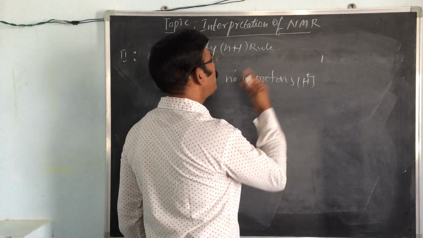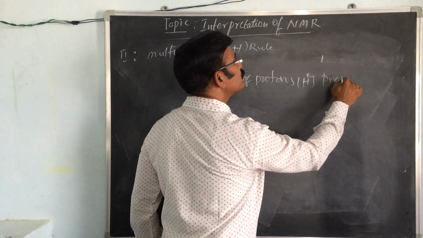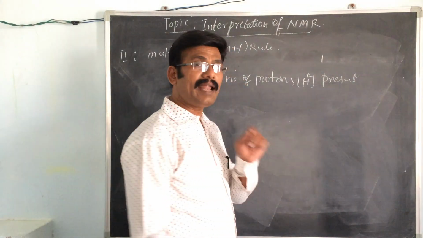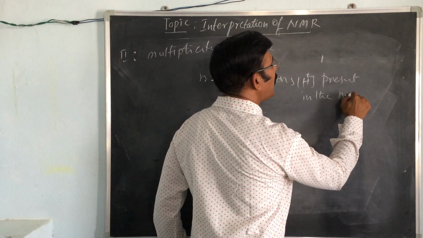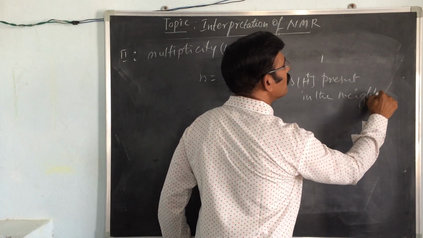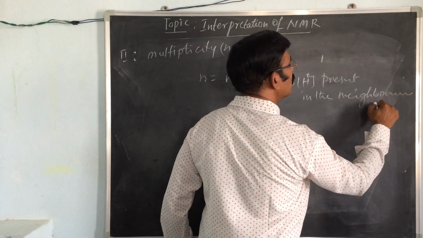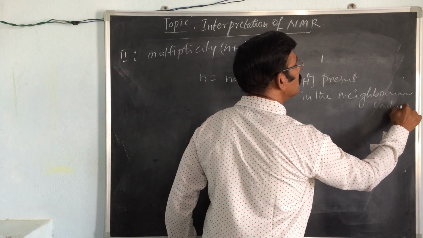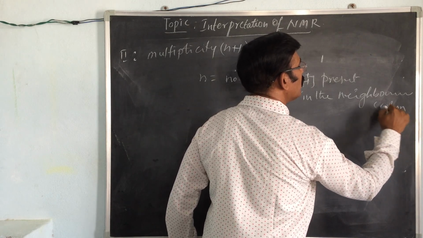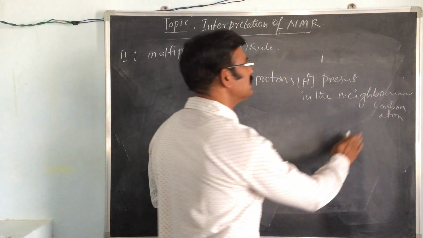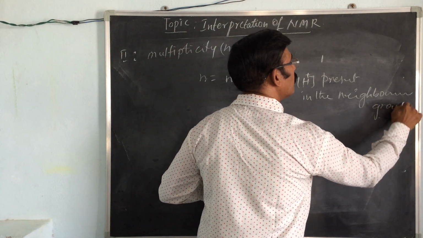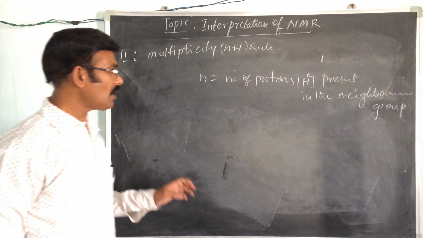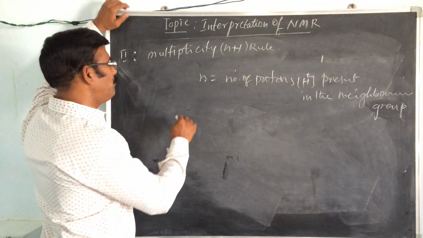Number of protons present in the neighboring carbon atom, or neighboring group, you can say. Okay. Here we are taking one example.